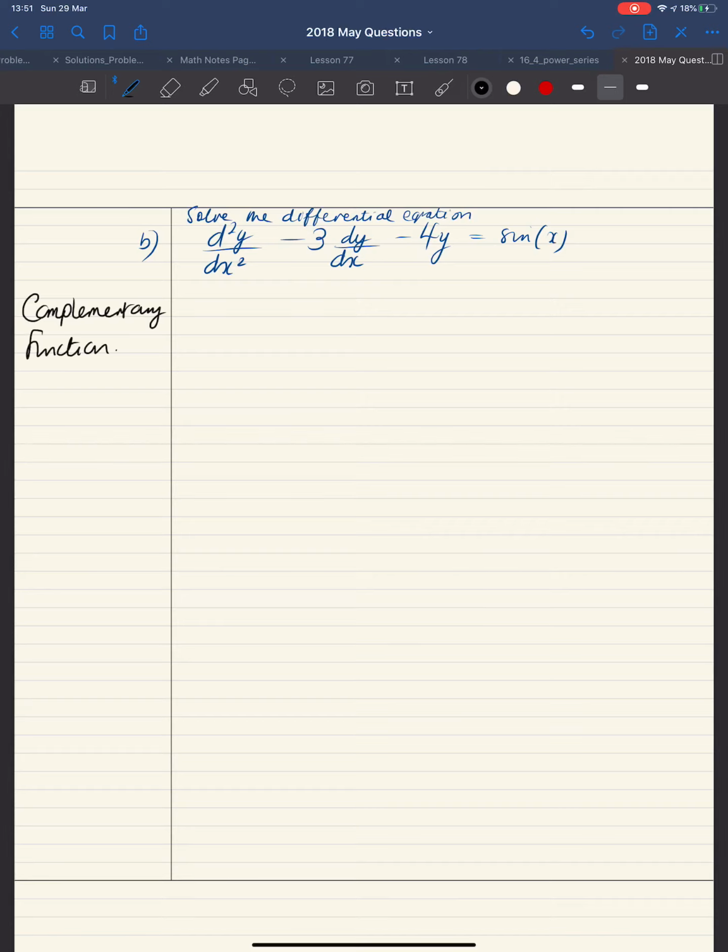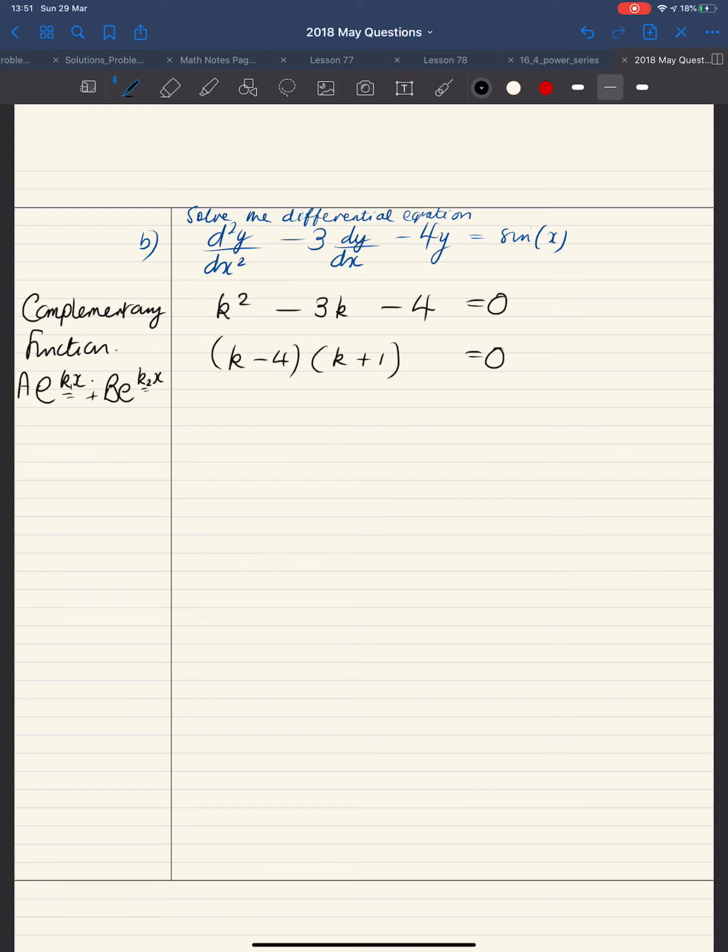We assume that it's actually a e to the kx. And quite often there's two values. So we've got to find the k1 and the k2. Well, the k1 and k2 are the solutions of k squared minus 3k minus 4 is 0. So this is (k minus 4)(k plus 1) is 0.